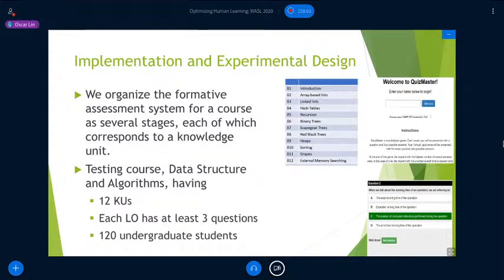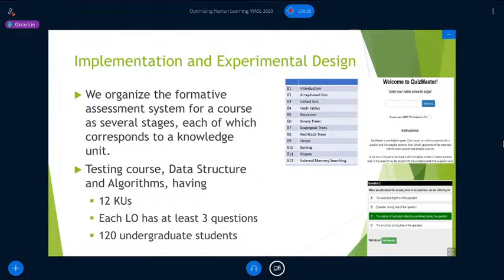Now my team is using JavaScript, Python, and MongoDB to develop a formative assessment system to run the experiments, integrated with a learning management system. We organize the system for a course as several stages according to the unit, each corresponding to a knowledge unit.